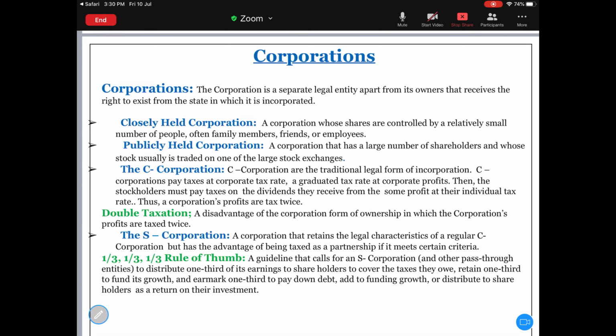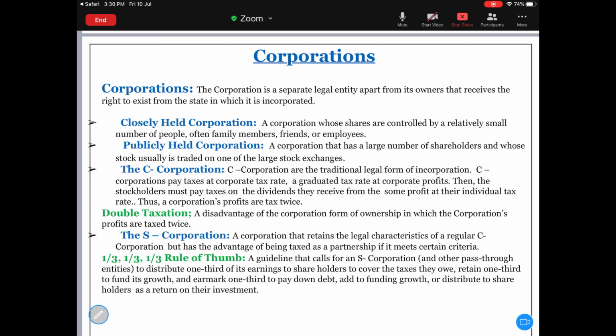Because a person in a C corporation will have to pay tax at the rate of corporate tax. So whatever profit they get, they have to pay tax on that, as well as on the dividends which they receive as an individual. So there are two types of taxes which they pay, and this is called double taxation.